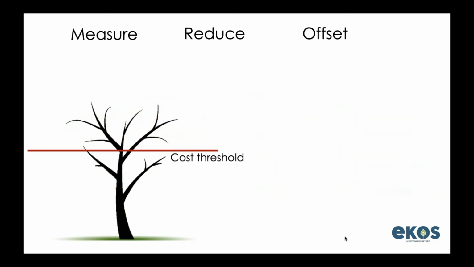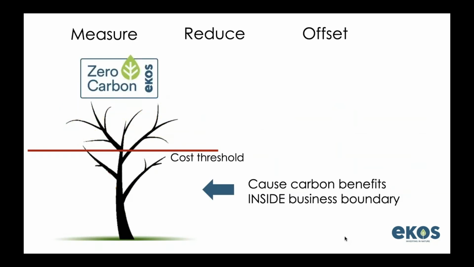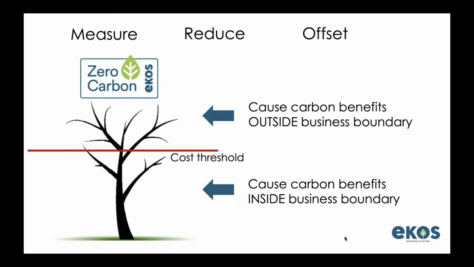And what this means is that we can get to zero by doing two things. We can cause beneficial carbon change inside the business, but when we offset, we cause carbon benefits outside the business boundary. So essentially, offsetting is when those emission reductions are too expensive inside your own business, so you're essentially paying somebody else to do them somewhere else.